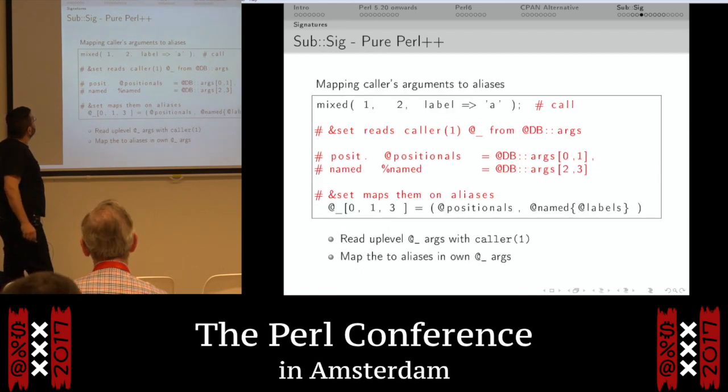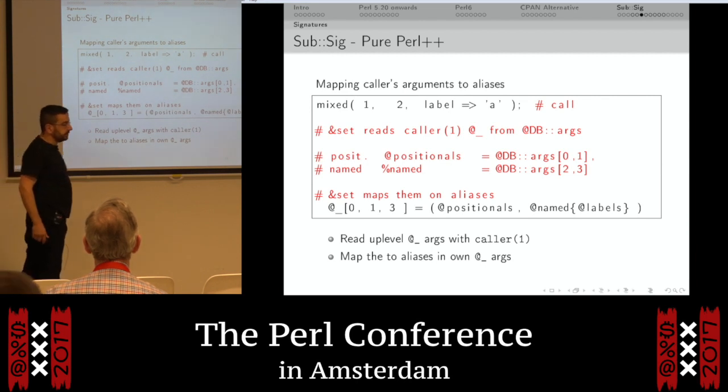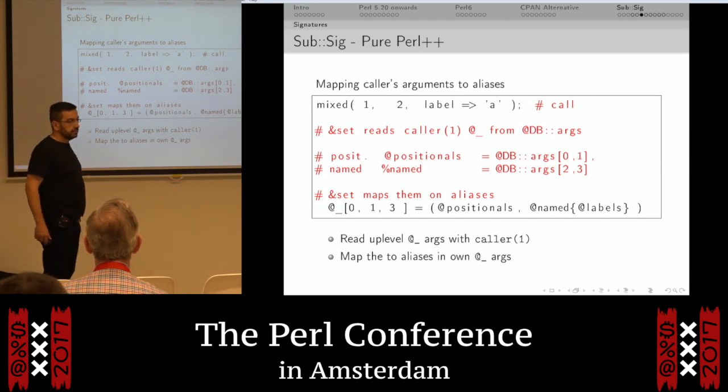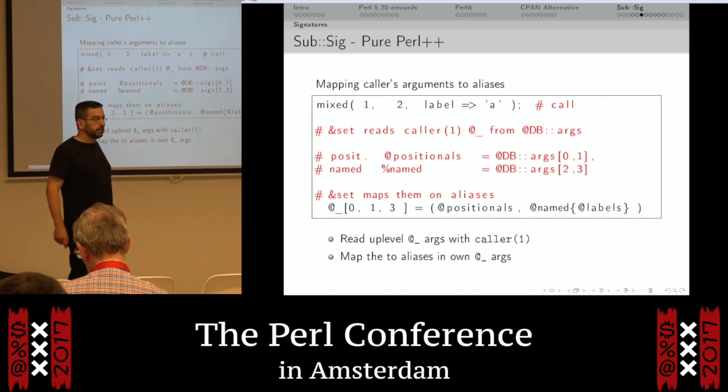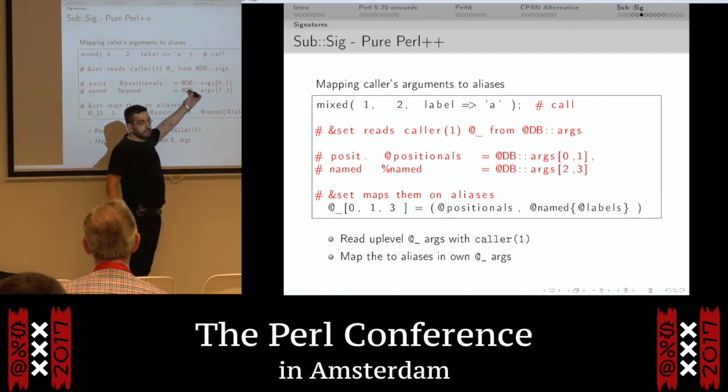So how does set arrive at mapping the caller's arguments to aliases? Set can access the @_ of the upper caller level. This is not very well known, but it's documented in the Perl docs. If you call caller 1 and you look into the DB namespace, it's mapped to an array called args.